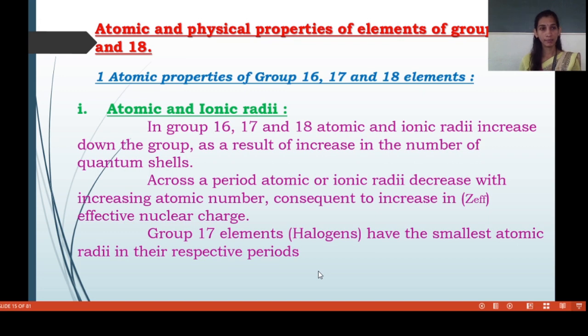In groups 16, 17 and 18, when we move down the group, the ionic as well as the atomic radii increase, that means due to the increase in the number of quantum shells. Across the period, the atomic and ionic radii decrease with increase in atomic number. Group 17 elements, the halogen family members, have the smallest atomic radii in their respective periods.